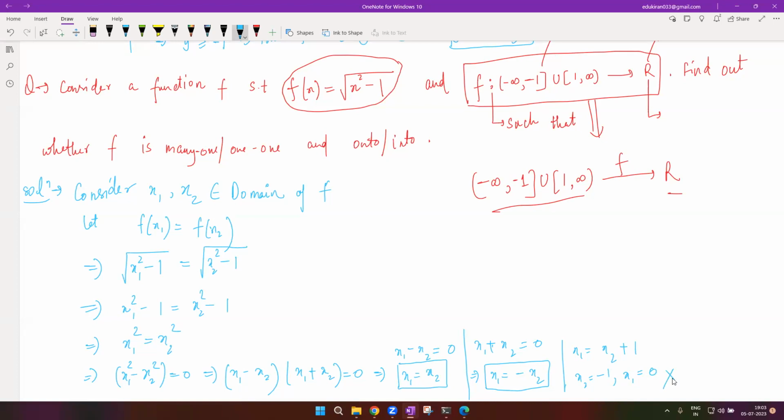But what do we need? We need only one solution. If there is a single point at which this solution is valid, then the given solution is valid. So if I take x2 as 1, then x1 is 2, which is perfectly valid, which says that this solution exists, and which also says that the given function is many-one.